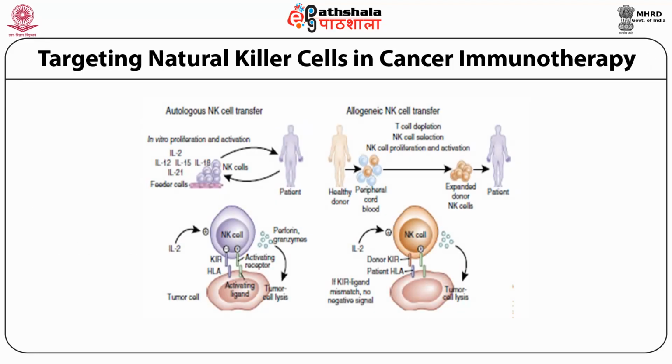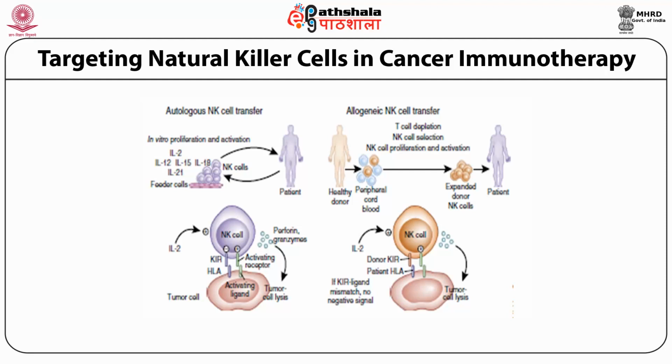Other than the T cells, there are cellular therapies which target the natural killer cells. Natural killer cells are the second player in cancer biology, which can be utilized to reduce the tumor mass.